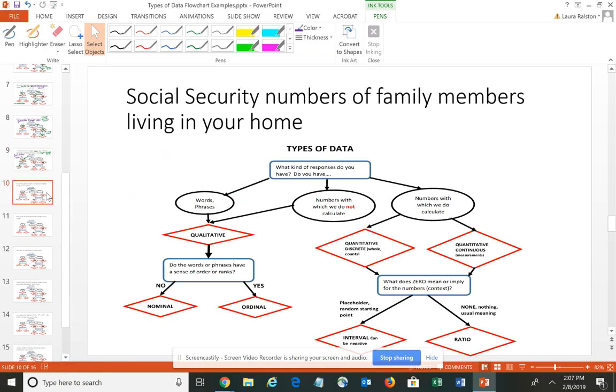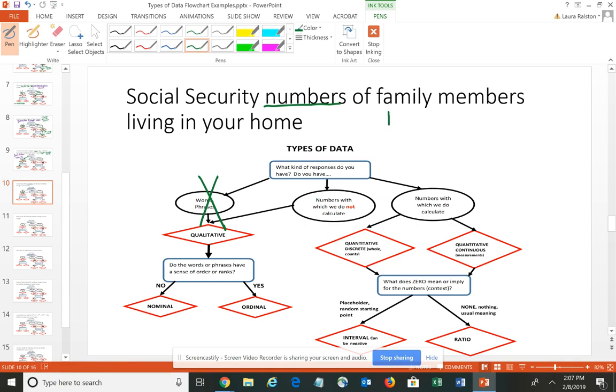Okay. Social security numbers of your family members living in your home. Well, it's kind of in the name here, guys. Social security numbers. It is numbers. So it's not words or phrases. But think about it.